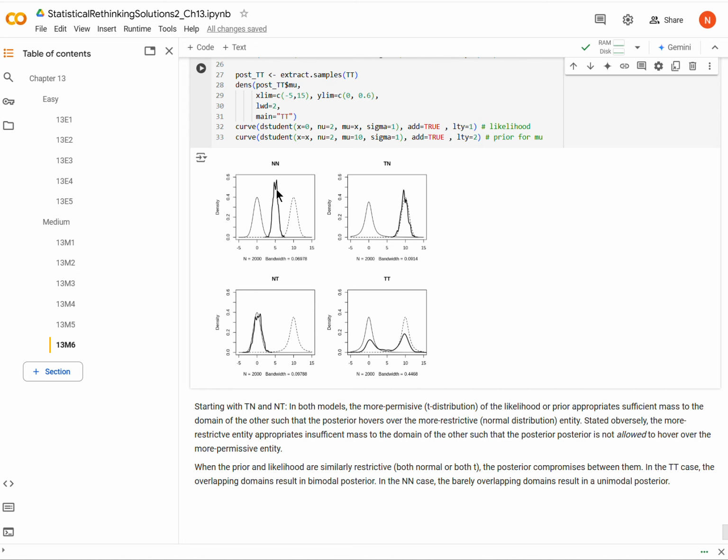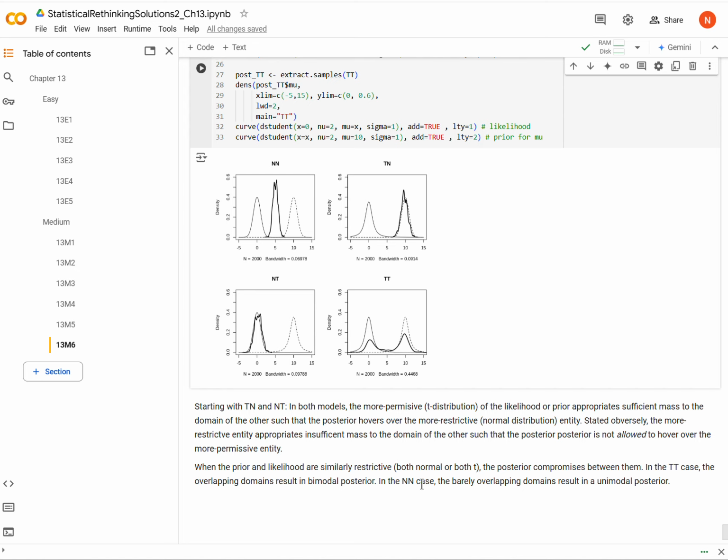And so they end up splitting the posterior mass between them. But when you have two t distributions, we'll call them cooperative, they overlap domains such that they end up sharing the probability mass. So that's a little fable, I guess, but maybe that helps make it clear.